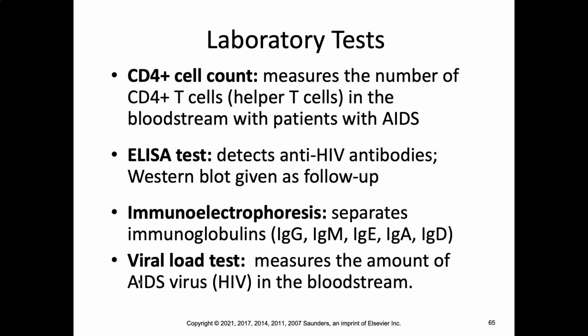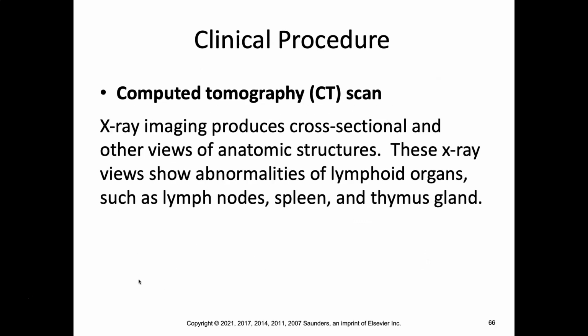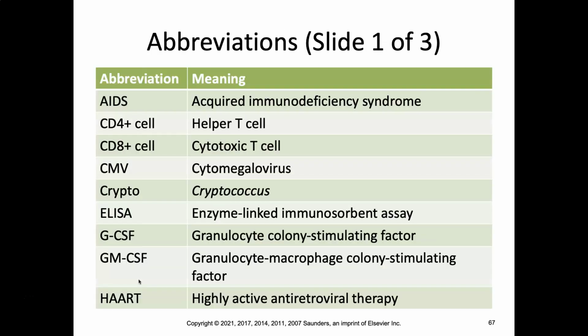So what types of lab tests are performed when you think about the lymph system or the immune system? And this just lists those for you. There are CT scans that are often done to look at the lymphoid organs, lymph nodes, spleen, thymus gland.